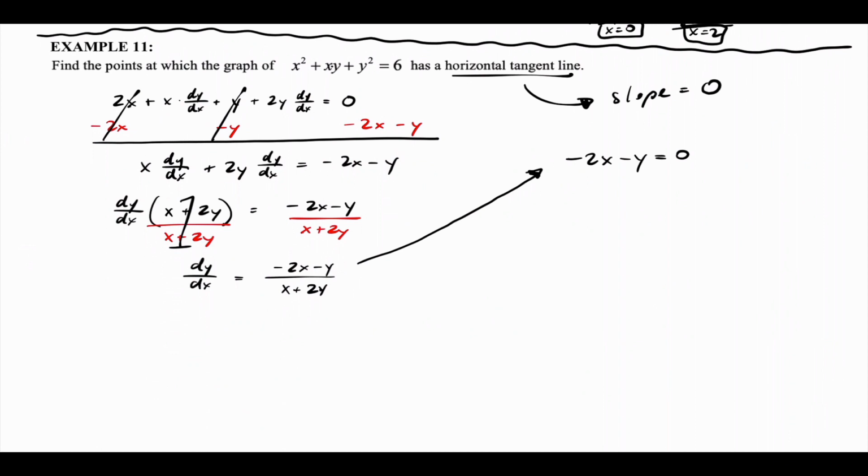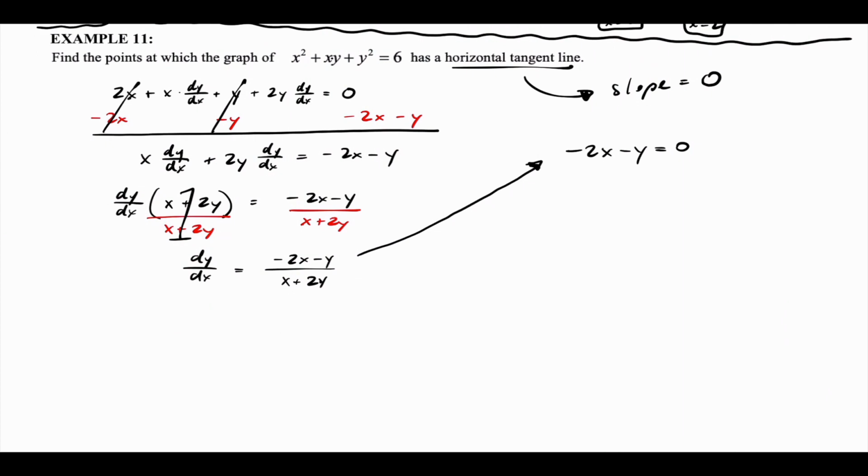Let's see. So let's add y to both sides to solve for y. So we know negative 2x is the same as positive y, right? What are we going to do with that? You're right.